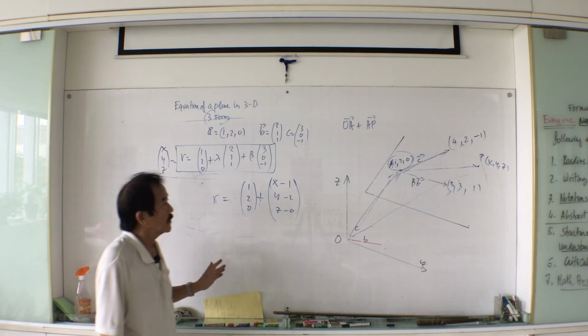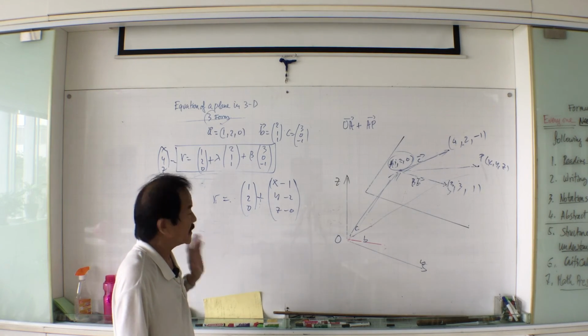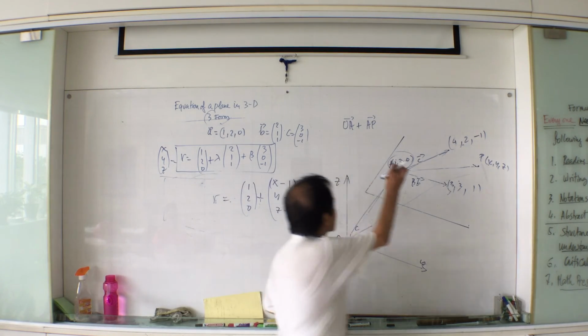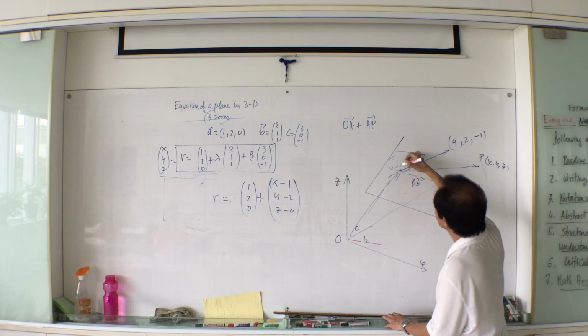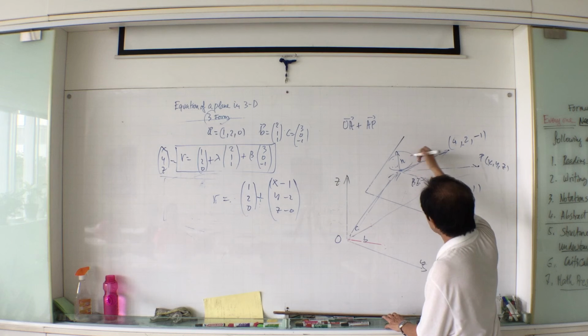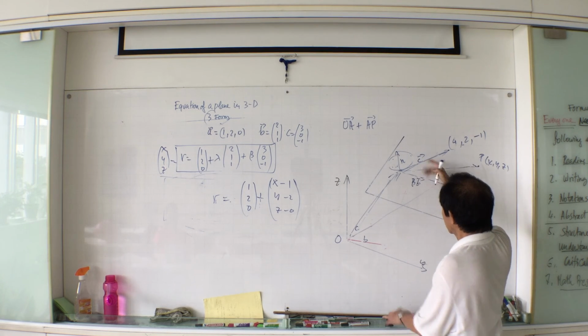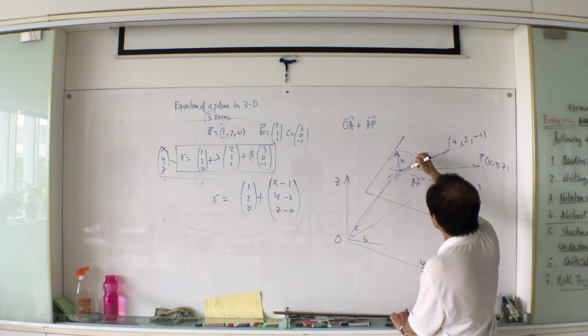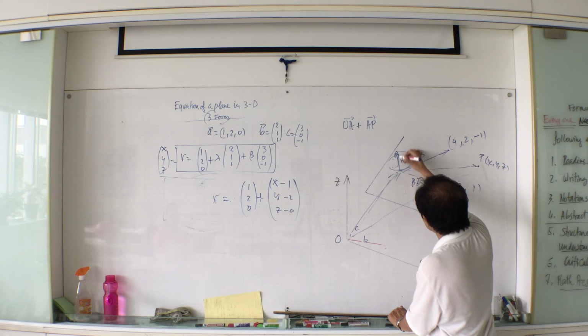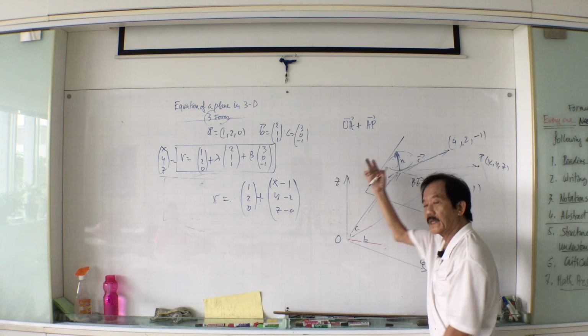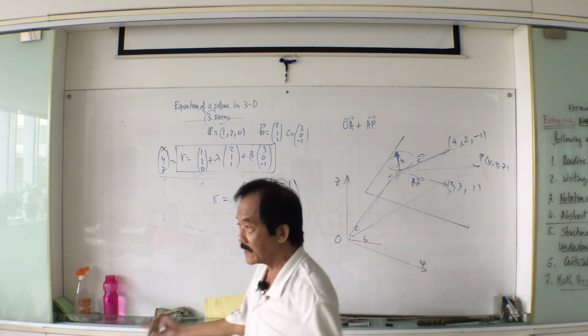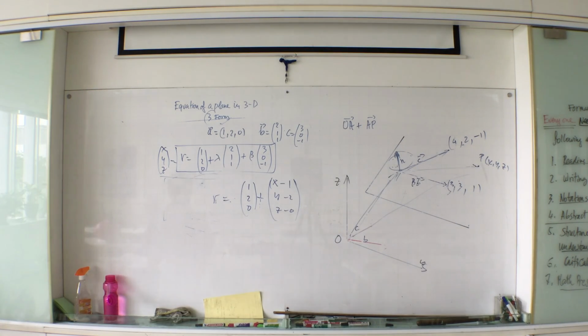But another way I introduce is you simply apply the cross product. You find a normal vector here, right? You cross B and C, you get a normal vector. So after you find the normal vector here, you dot with vector P here, you will have 0. That gives you the equation of a plane.